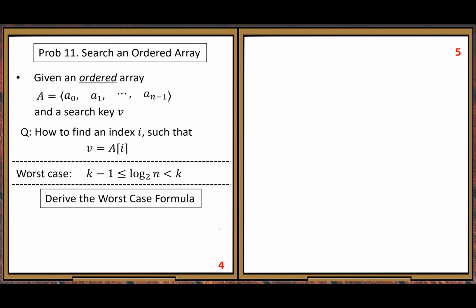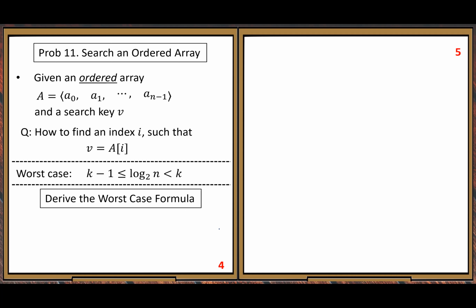Here we derive the worst case formula. The worst case, because the best case is one comparison, right? After one comparison, we find the solution. That's the best case. But worst case, we need to do many comparisons until there is no comparison needed. That's the worst case.